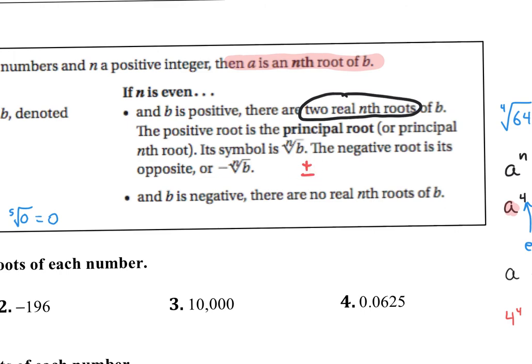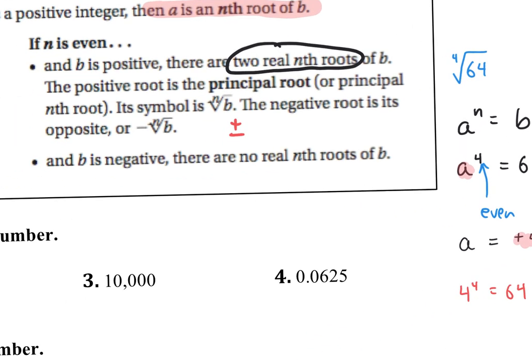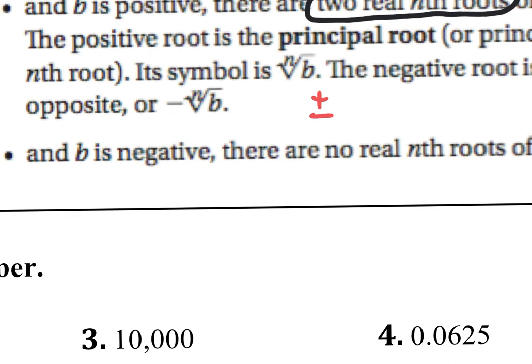Okay. Lastly, if b is negative, let's point out here, b is negative here, and I have an even exponent there, then we get no real solutions, no real. So a to the n equals some negative number, like negative 64, and I wanted to know what the fourth root of that was.